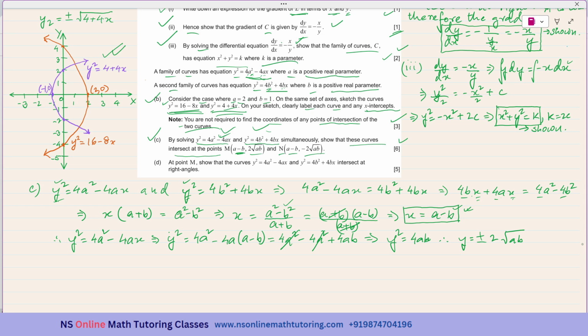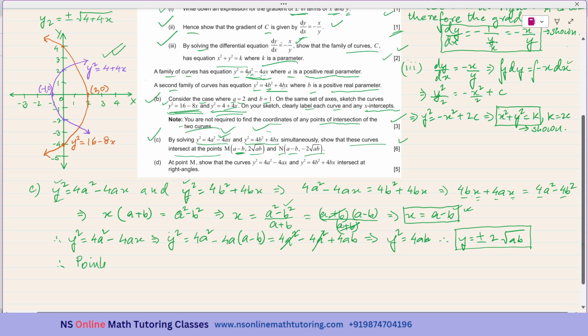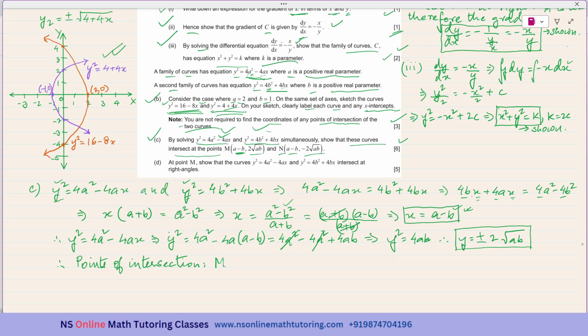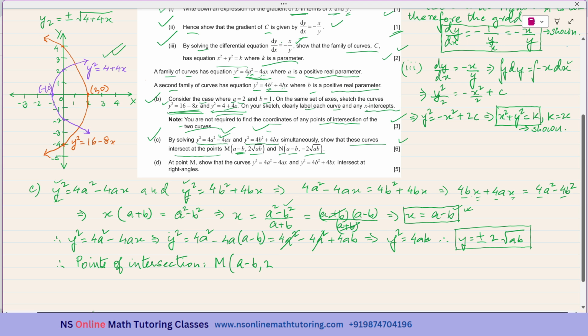So therefore, points of intersection: M is a minus b, comma, it is the positive value 2 times square root of ab, and N is a minus b, comma, negative 2 times square root of ab. Okay. So, shown.